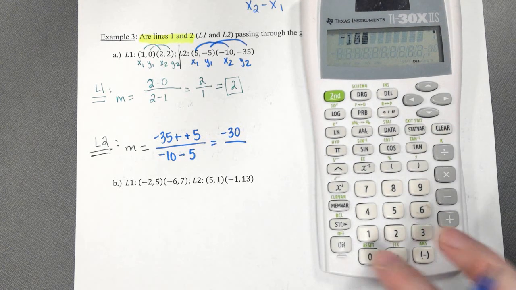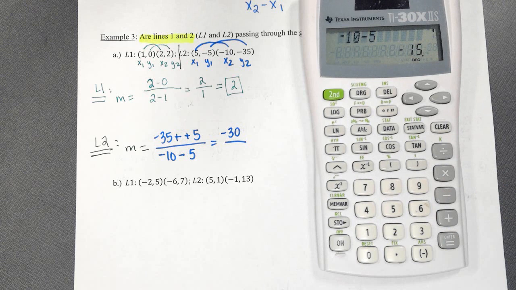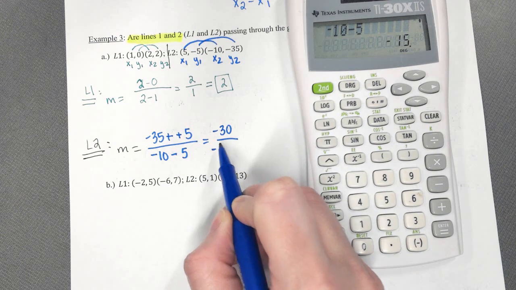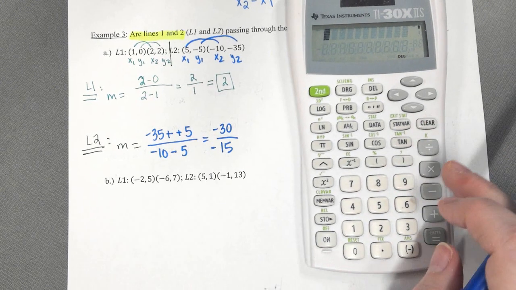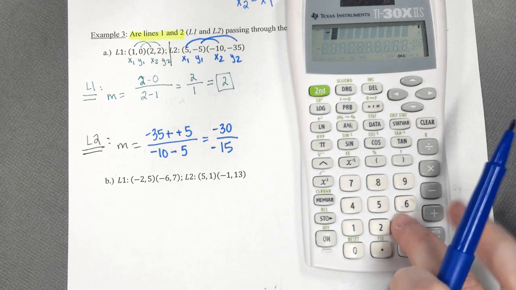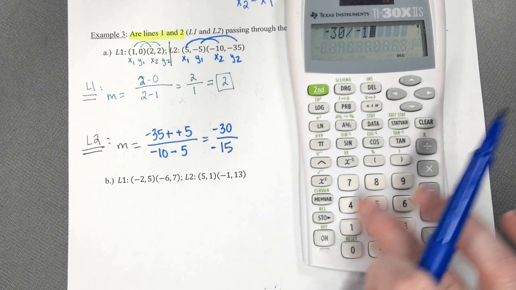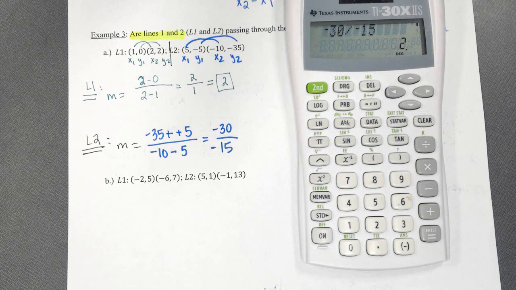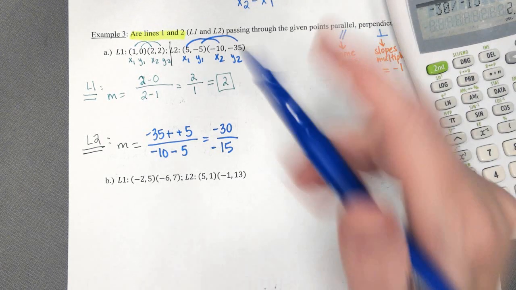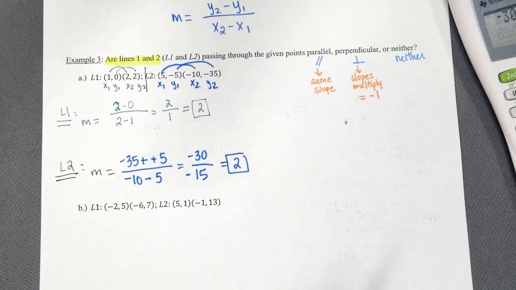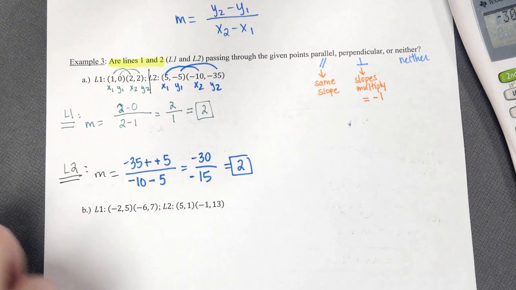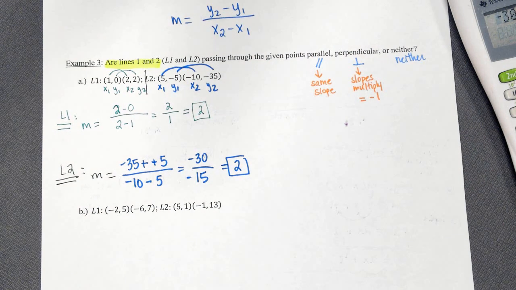Okay, and then we can do negative 10 minus 5, negative 15. We always want to divide to see if that reduces. When the number is bigger on top, you're definitely going to want to divide this and not use the ABC button. Okay, and then if you get a whole number, that's going to be your slope. Okay, so obviously for both of them we got 2, so that means you have the same slope.